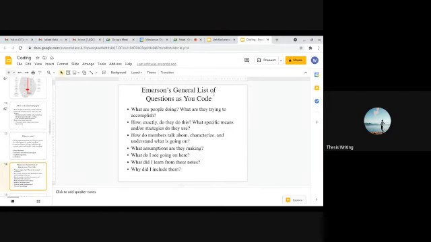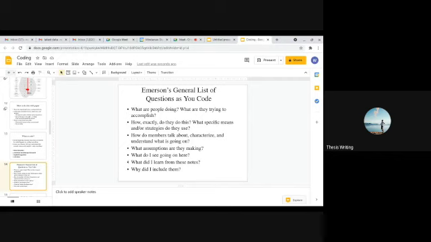So, Emerson's general list of questions. What are the people doing? What are they trying to accomplish? How do they do this? What means and strategies do they use? How do members talk about, characterize, and understand what is going on? What assumptions are they making?